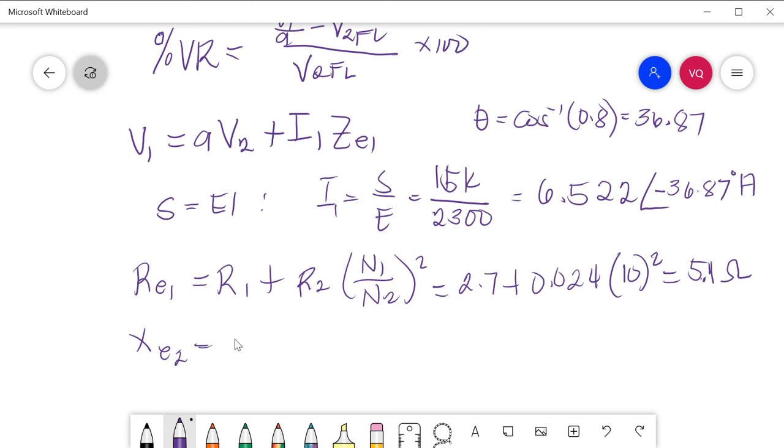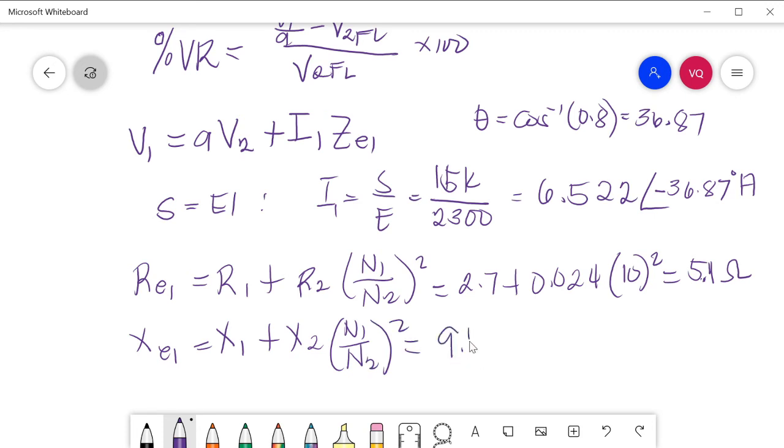X1E is X1 plus X2 times N1 over N2 squared.